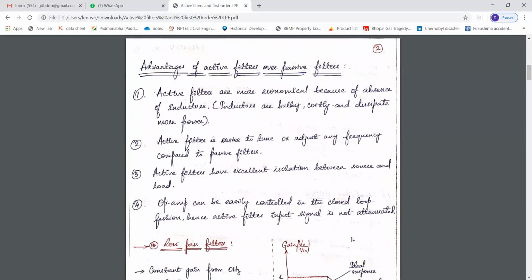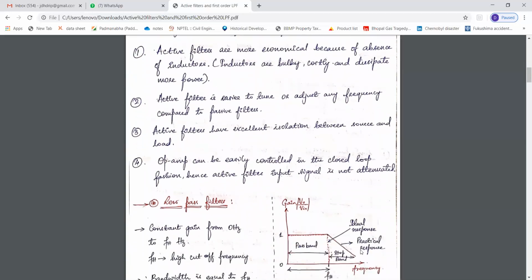Active filters are more advantageous than passive filters because they are more economical, owing to the absence of inductors. Now what will these inductors do? These inductors will dissipate more power because they are bulky.